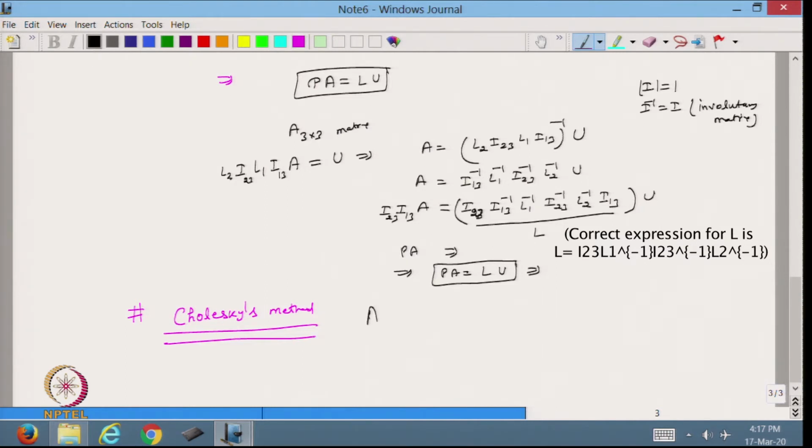If I take a matrix A, an n by n matrix, and this matrix is symmetric and positive definite. So, two conditions are there, symmetric and positive definite, then the LU decomposition is given by Cholesky.